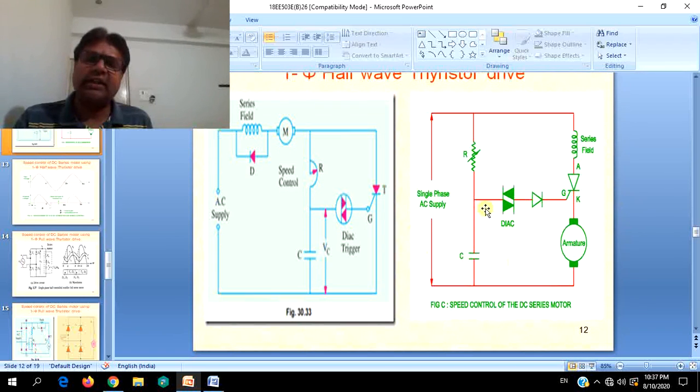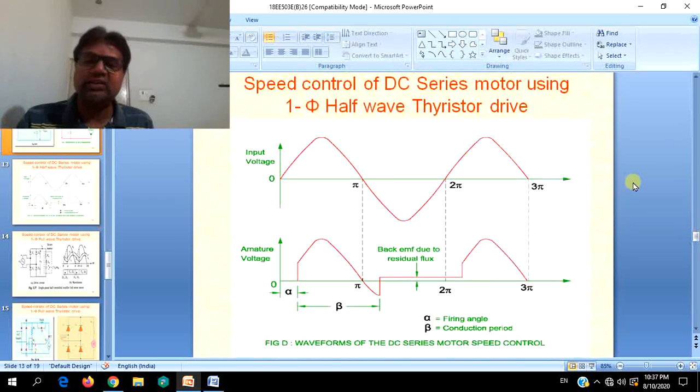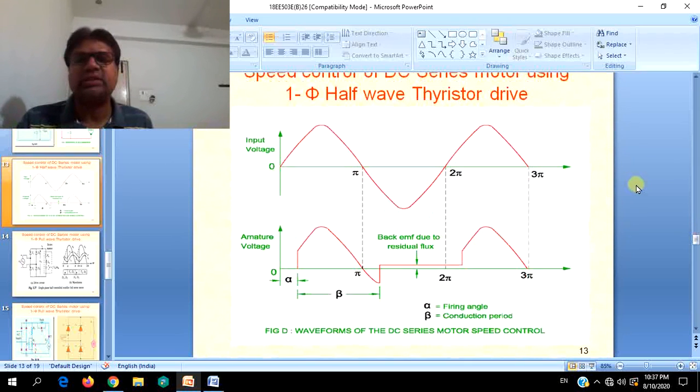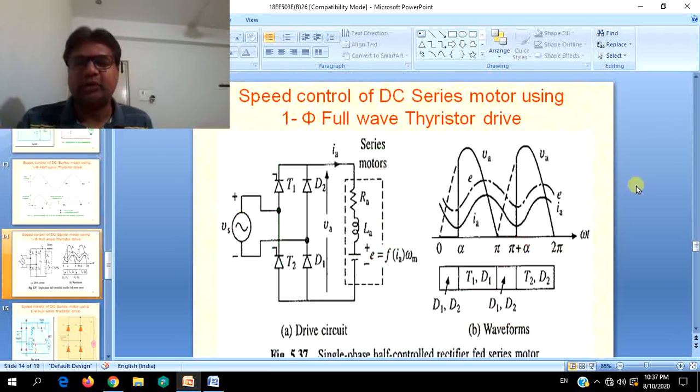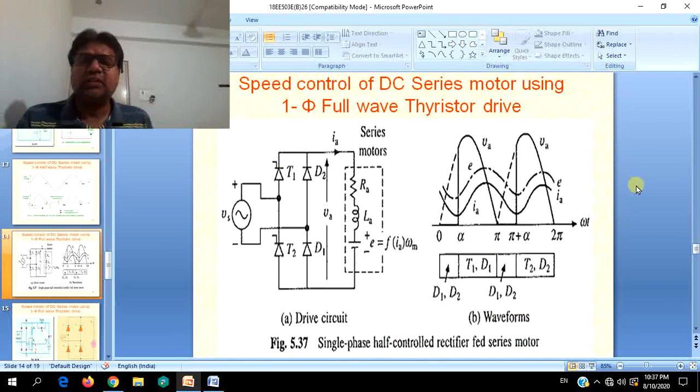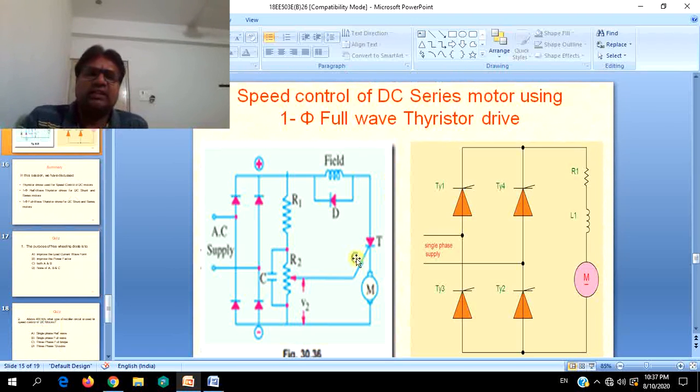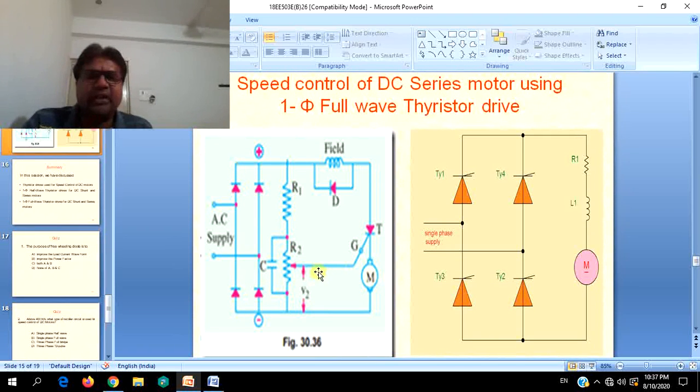And again, we can design these parameters, these components, such that you can turn on the SCR in each half cycle also, just similar to the case of the shunt motor. But that is not followed in most cases. But it can be done, as shown in this case.